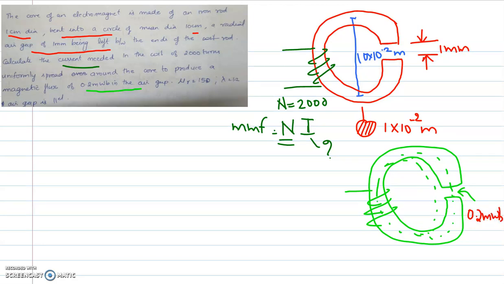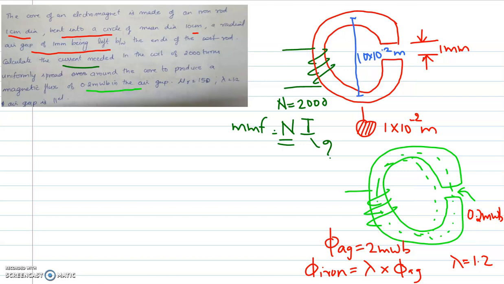And lambda is given as 1.2. That means if flux in the air gap is 0.2 milliweber, therefore flux in the iron path will be equal to leakage factor lambda into flux in the air gap.